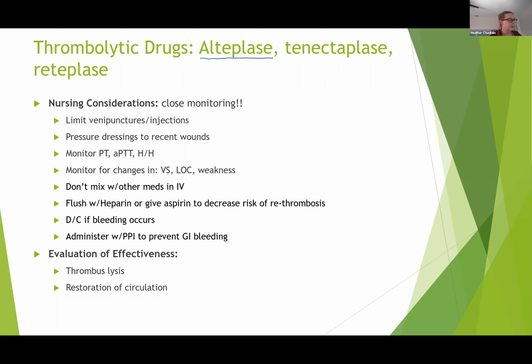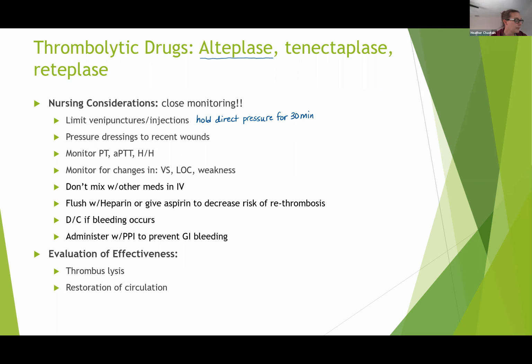You want to limit venipuncture injections. If you have to do any, you're going to hold direct pressure for 30 minutes after you give them. You want pressure dressings to recent wounds, because they're going to start bleeding again, because we're potentially breaking down that clot that they're forming, right?